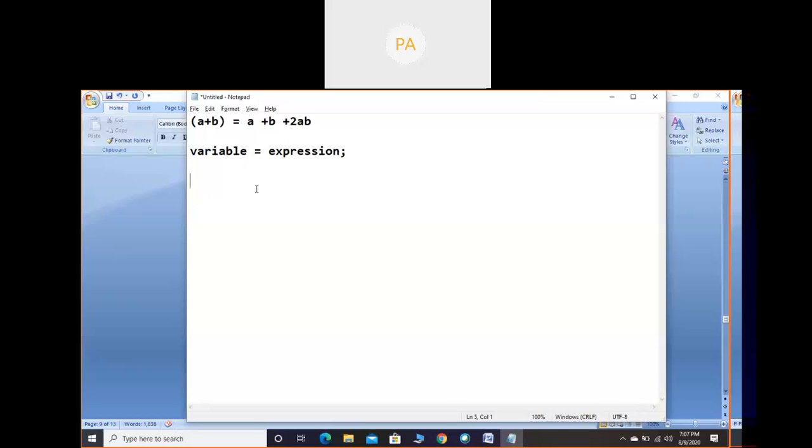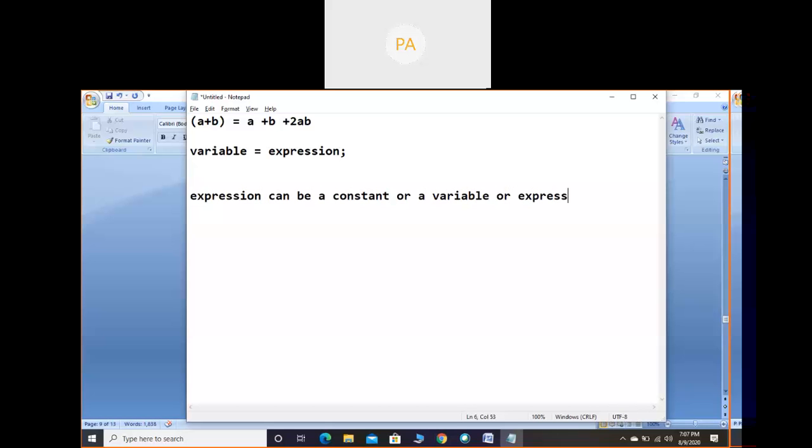Okay. Next, coming to the expression on the RHS. So here we can consider LHS equals to RHS. So coming to the right hand side expression, expression can be a constant, or a variable, or an expression.